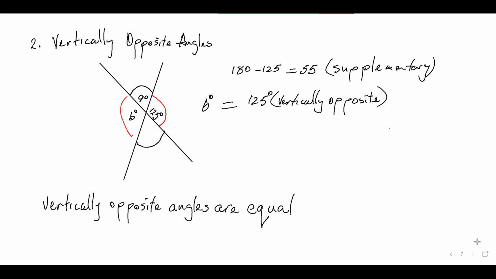In vertically opposite, the lines cross each other like at a junction, right? At a junction where two roads meet. The angles that form opposite each other are equal. So we call them vertically opposite.